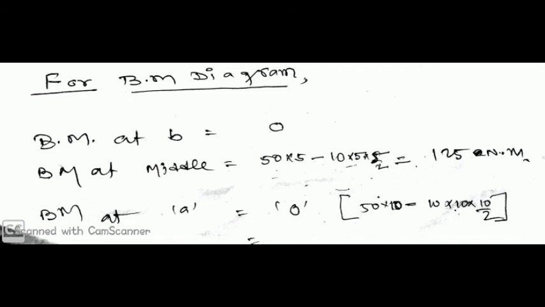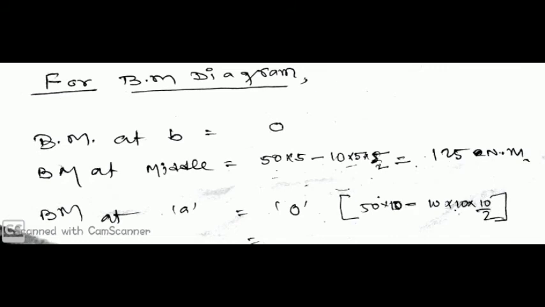Again, total load is equal to how much? 10 into 10. Why 10 into 10? 10 Newton per meter, total length 10. Then 10 into 10 is the total load, and the distance is the middle of the span, that means 10 by 2. If we calculate this, we get 0. That means BM at A is equal to 0.